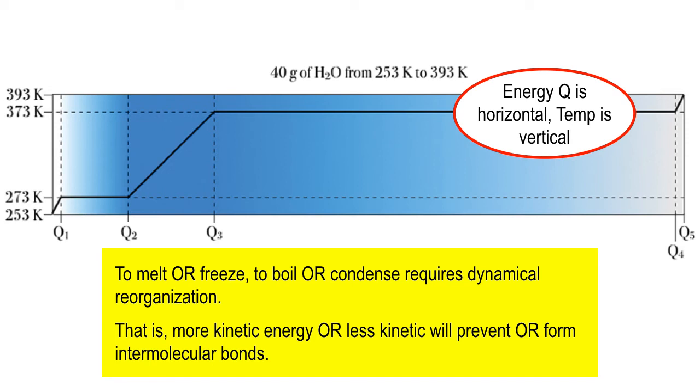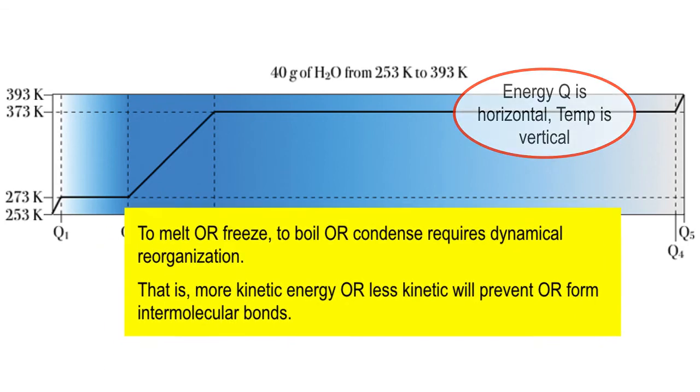So Q, students, Q is the symbol usually used for thermal energy. If you're working with heat energy, instead of using E or KE, you usually use the symbol Q. But you can use any symbol you want. We're going to use Q here.